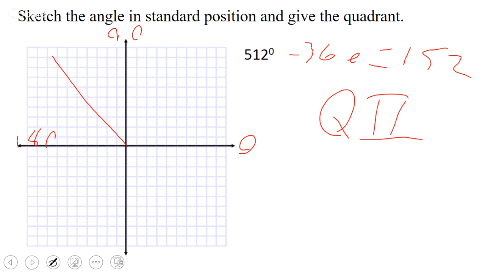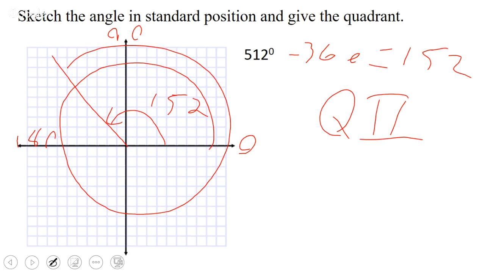So since it's in quadrant 2, then this is actually 152. If you want 512, well, you go past it and back to it. That is 512 degrees.